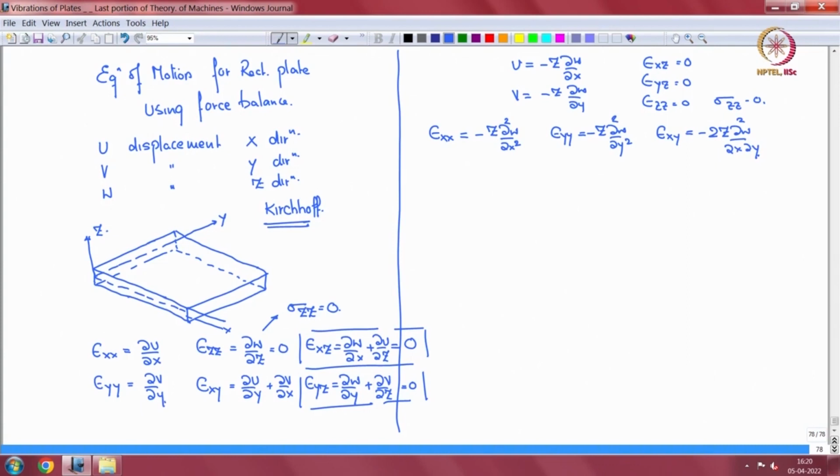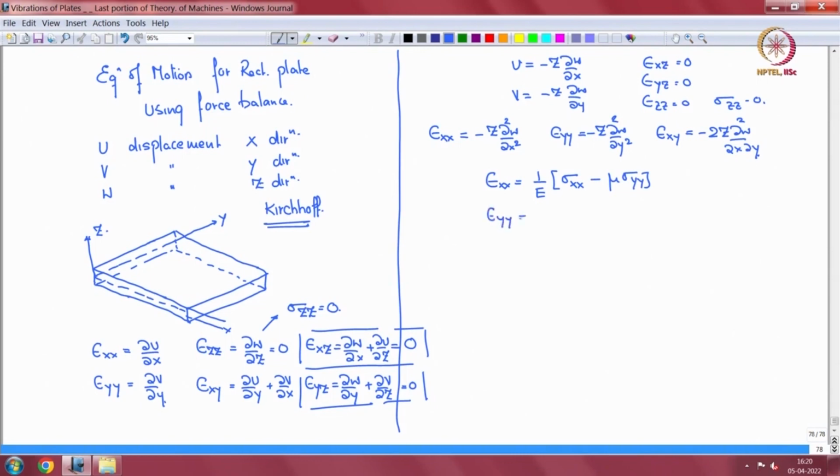Okay. Now we have to get to the stresses and stress resultants. So epsilon xx is 1 by E, sigma xx minus mu sigma yy.